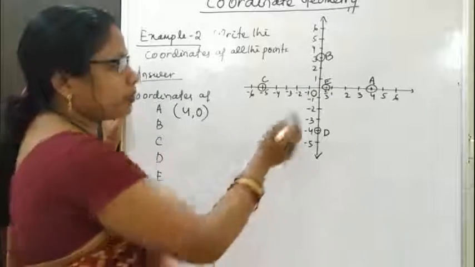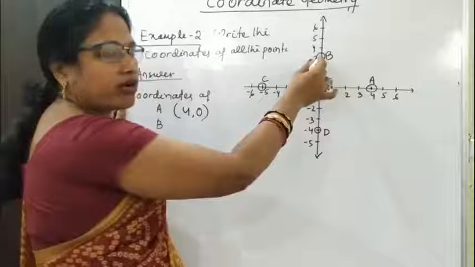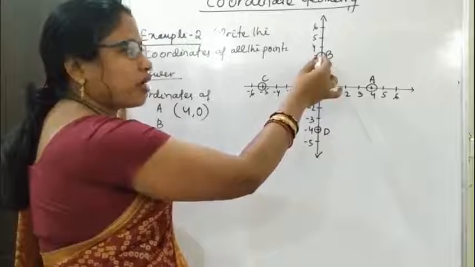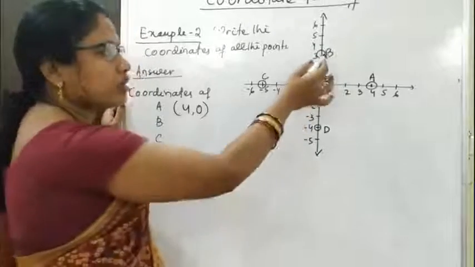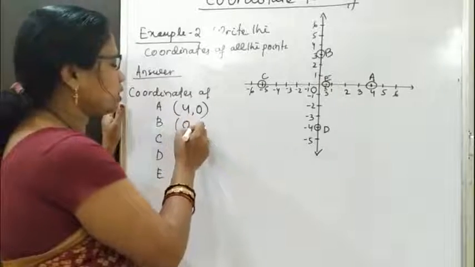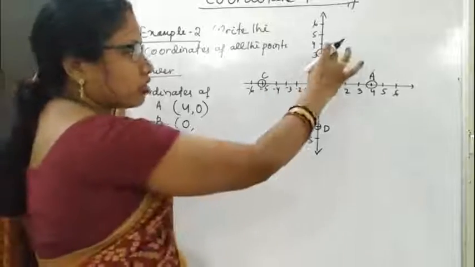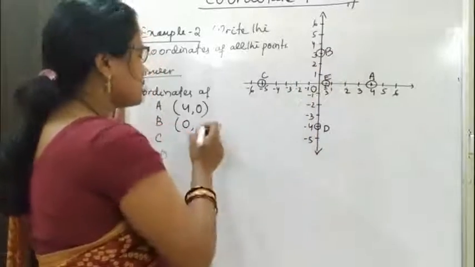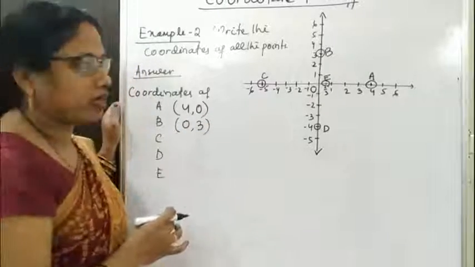Then come to point B. So here is the point B. The x coordinate of point B is the perpendicular distance of point B from the y axis. This is 0 because B is on the y axis. So here the x coordinate is 0. Then what is its y coordinate? The perpendicular distance of B from the x axis. This is 3. So B has coordinates 0 and 3.